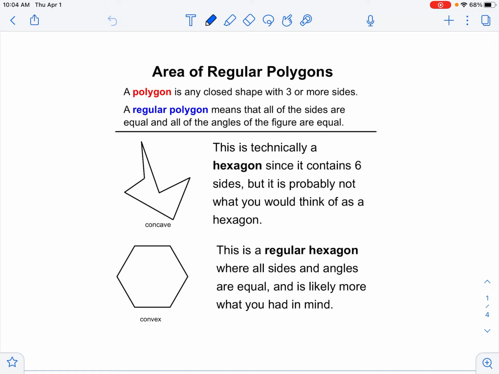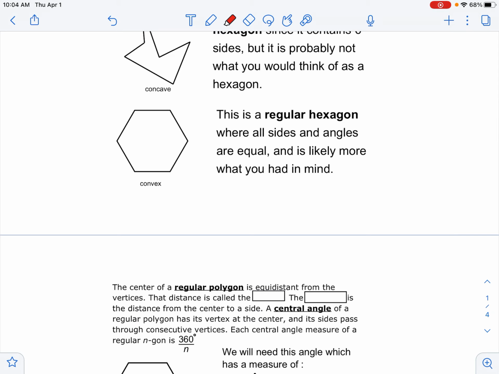Because this right here, let me highlight what I'm looking at. This right here has 6 sides, but it's convex. It's not what you probably think of when you think of a hexagon. This right here is a regular hexagon. If I'm telling you it's regular, that means all of these sides are the same, and all of these angles are equal.